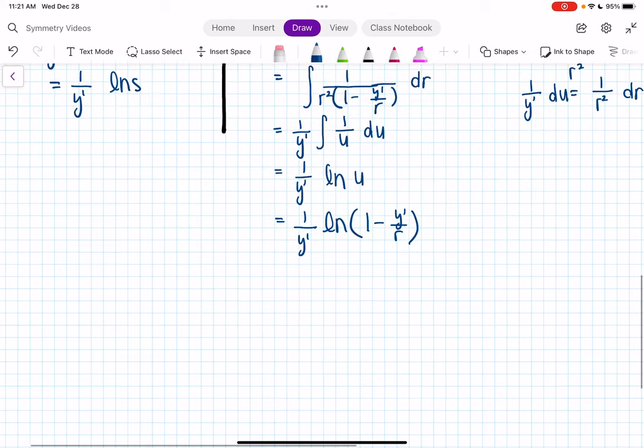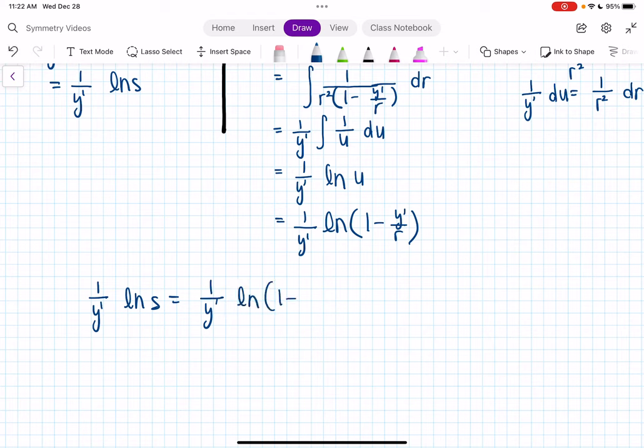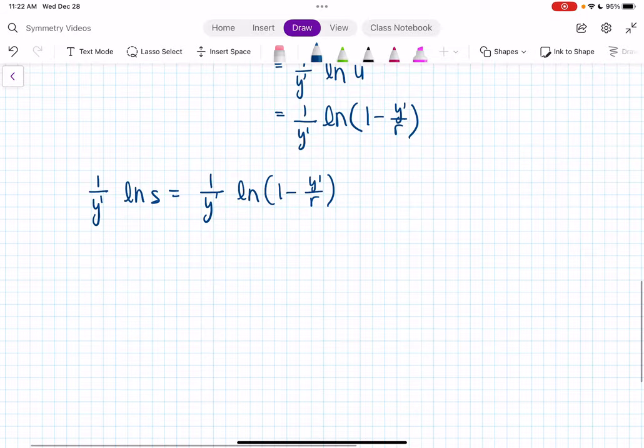So what we end up having then, and so from here we can see our 1 over y primes are just going to divide out.